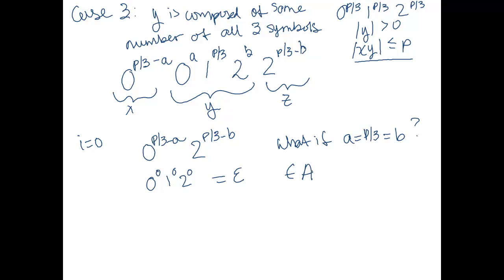One that's been successful before has been pumping up. So let's try that. Let's let i be equal to 2. Okay, so we're going to do this slightly the long way. We're going to have 0 to the p divided by 3 minus a, our first occurrence of y, our second occurrence of y, and z.